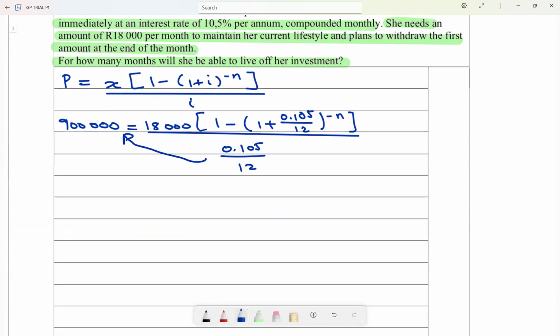Multiply this by that. So I'm going to say 900,000 multiplied by 0.105 divided by 12, and then I'm going to get 78.75. After getting 78.75, I'm going to divide by 18,000, and I get something like 35 divided by 8.